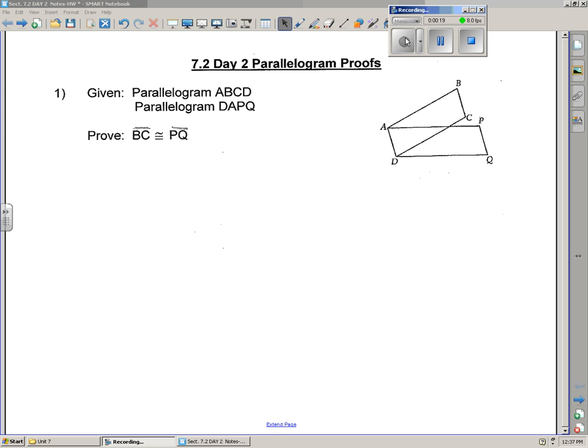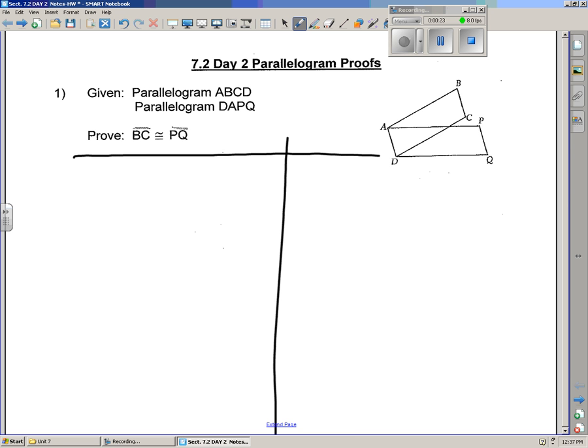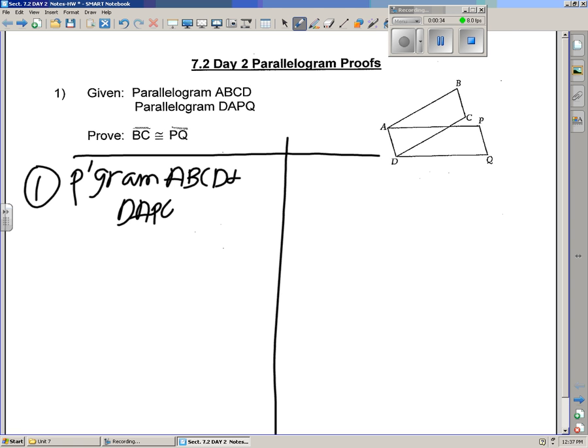So in this particular proof, the first statement is going to be, in parallelogram, you can abbreviate as p-gram. So p-gram ABCD and DAPQ. That's given. Well, the fact that you have a parallelogram, you've got so many different properties happening.